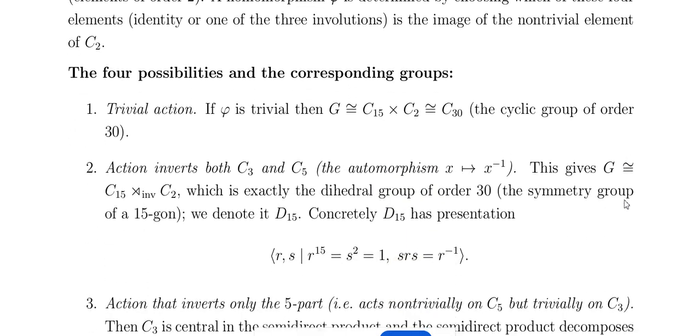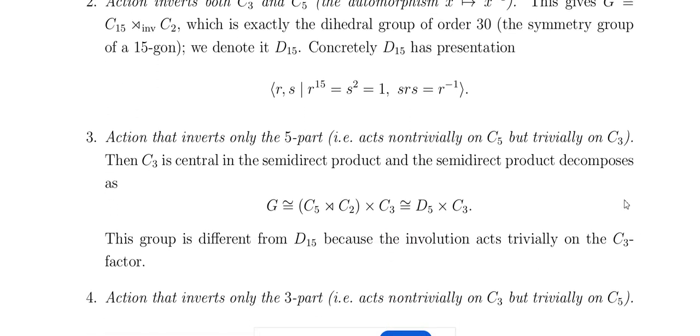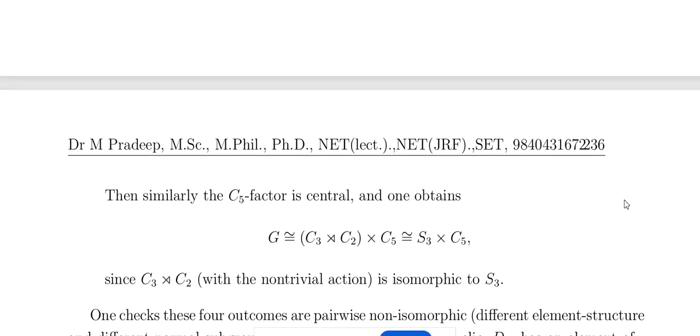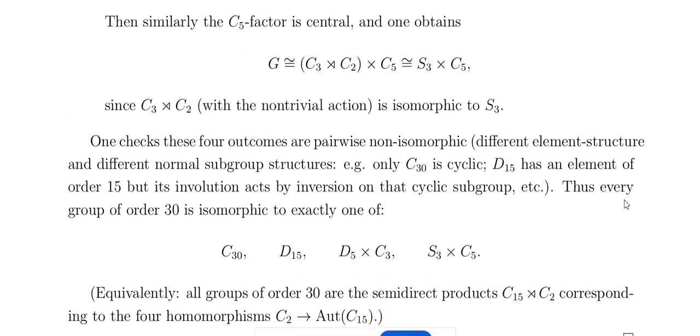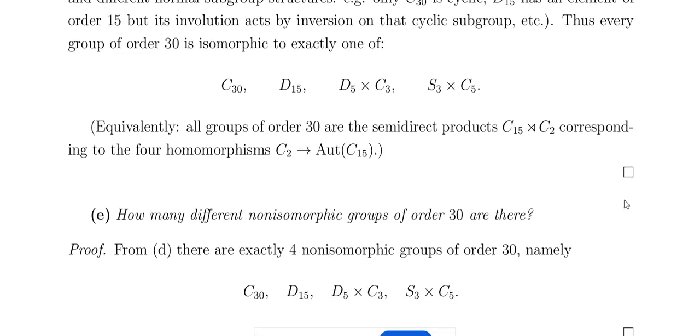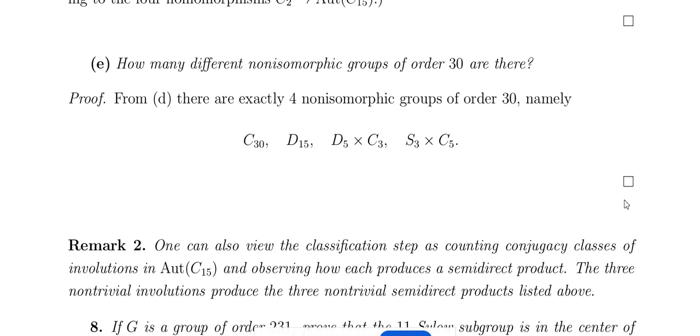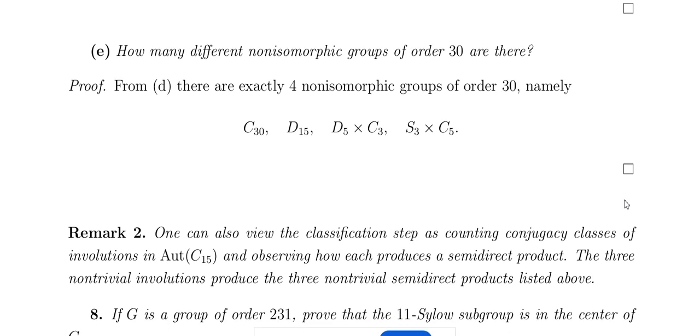Okay, it's a very big concept. There are 4 different non-isomorphic groups of order 30: C30, D15, D5 times C3, S3 times C5.